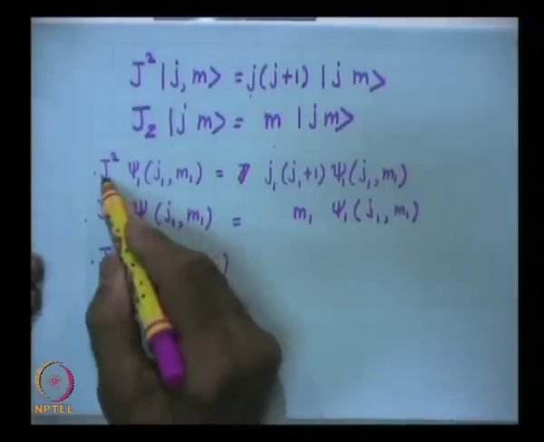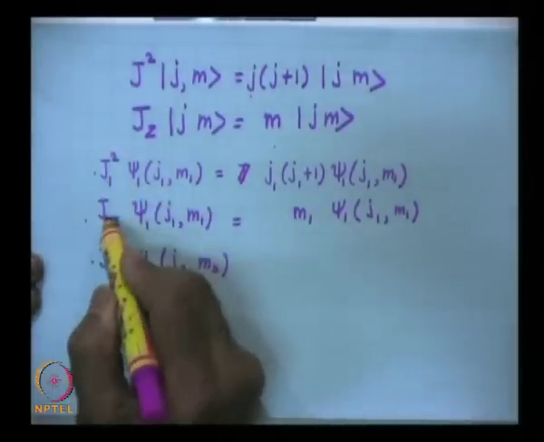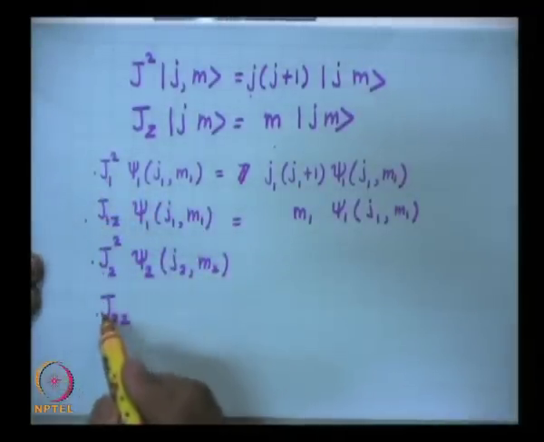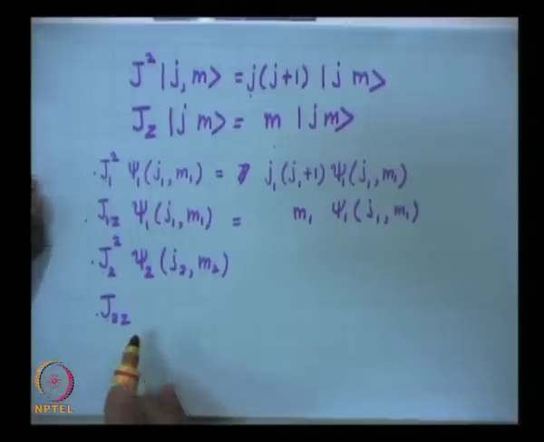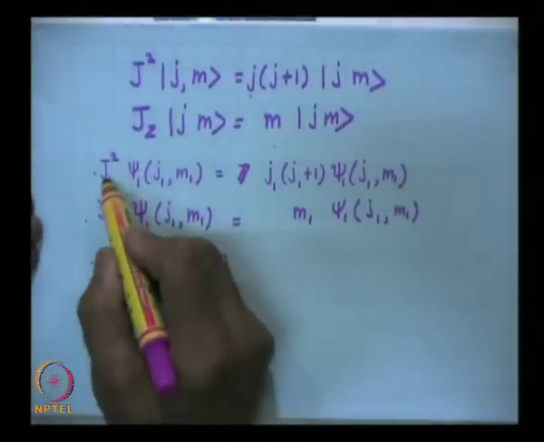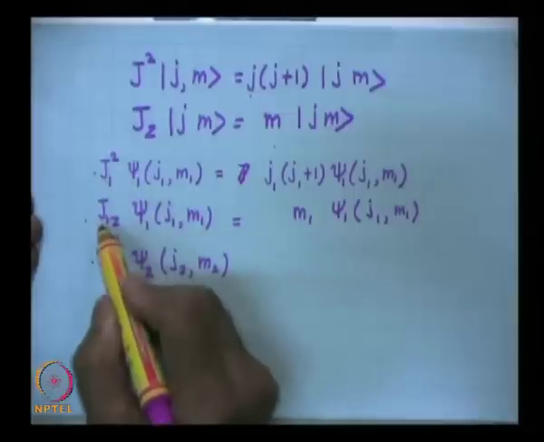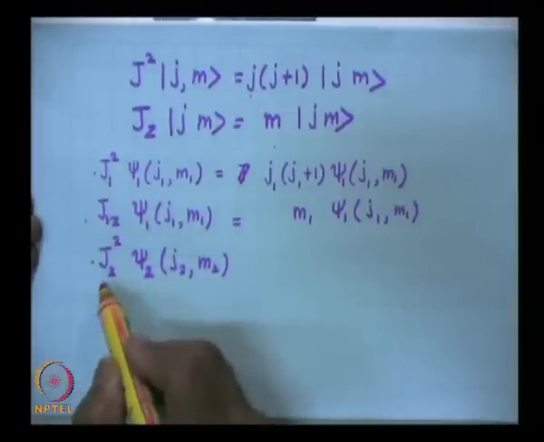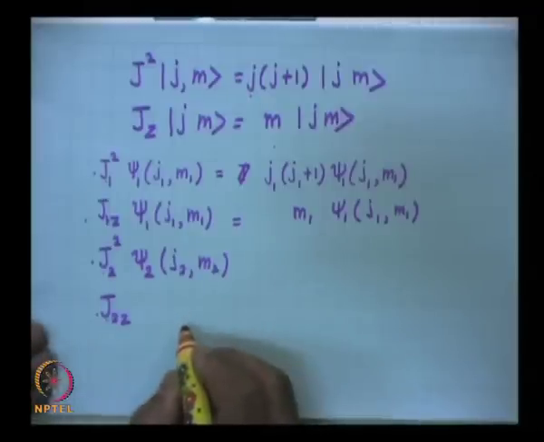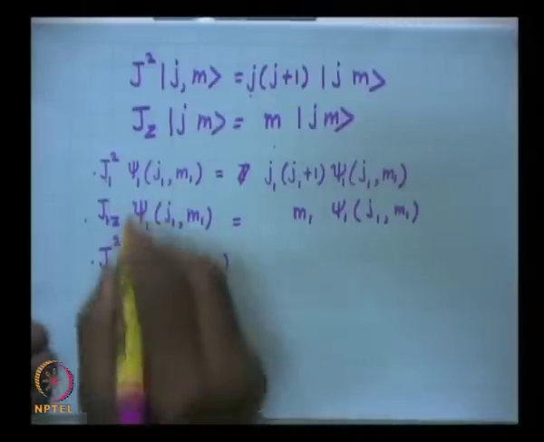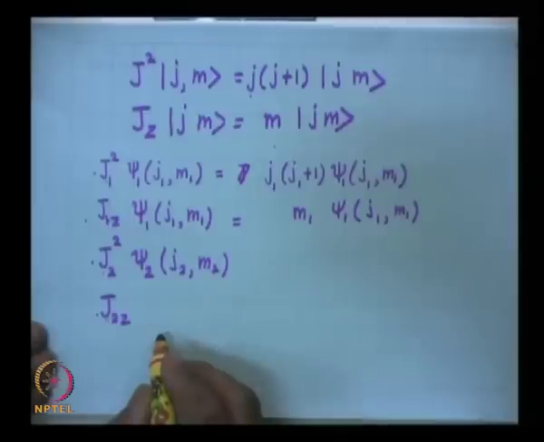So, these 4 operators J1 square, J1z, J2 square, J2z, all commute with each other, and therefore, we can have simultaneous eigenkets of J1 square, J1z, J2 square, J2z, and those wave functions I denote by the product wave functions.